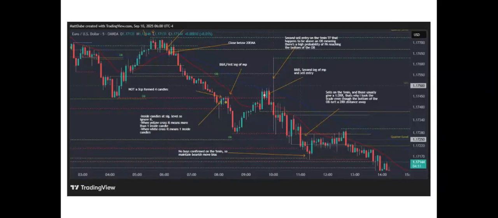This is where I took my trade. I took it on the 1 minute time frame. So what you see here, right here, is just a sell, but I'm going to tell you it's on the 1 minute time frame. So sells on the 1 minute time frame usually give a 1 to 2 risk to reward.